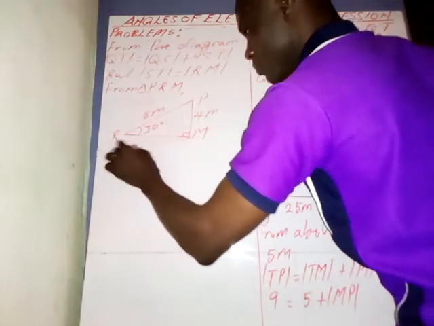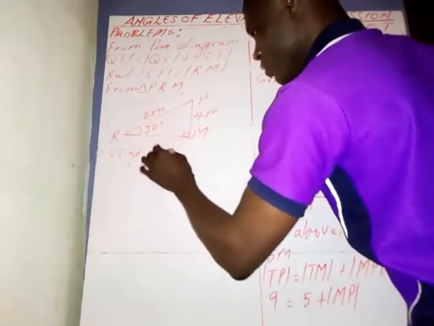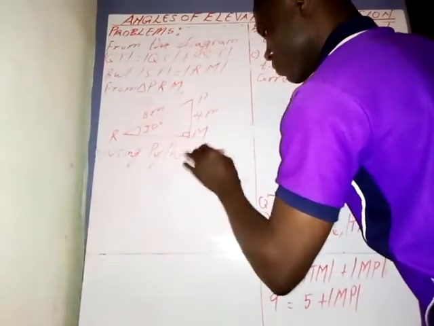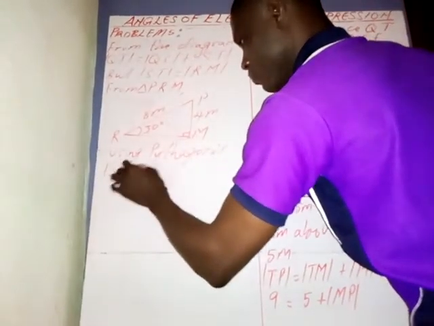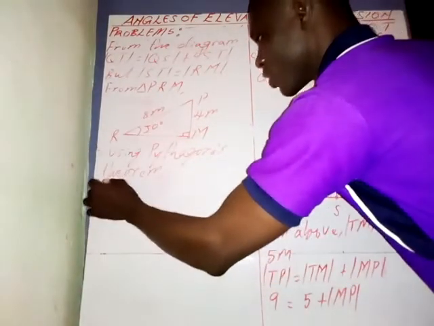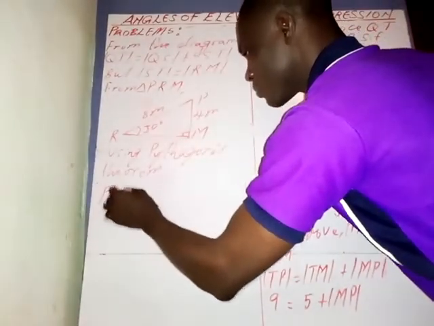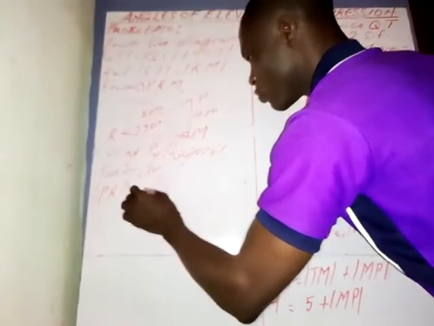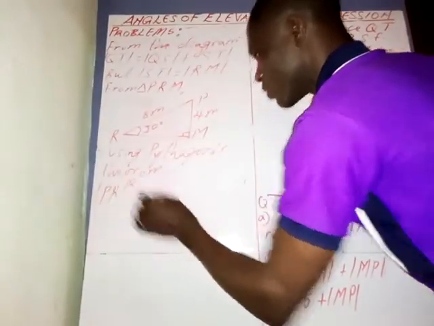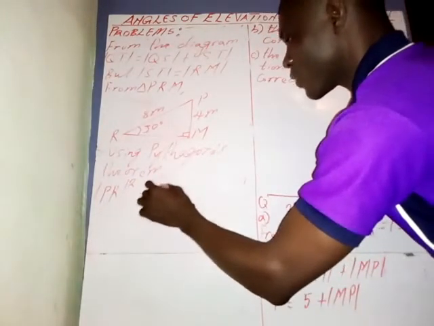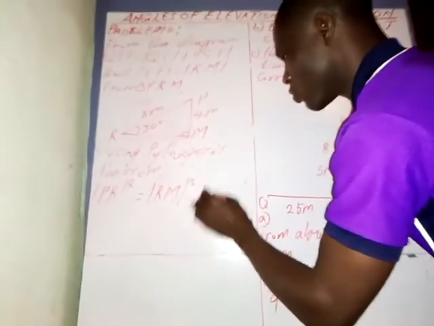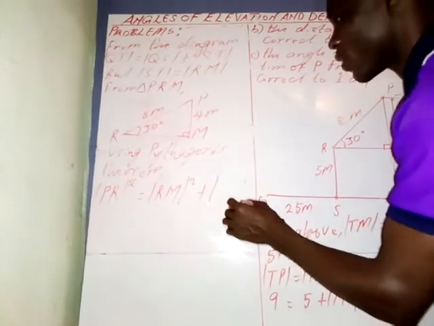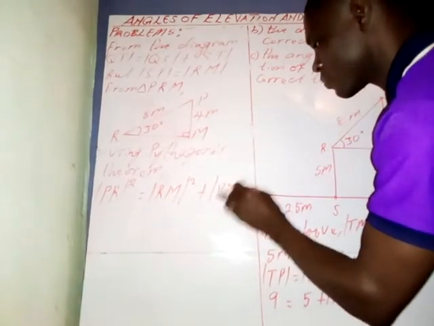So I will use Pythagoras theorem for more understanding on this question. Using Pythagoras theorem, I have PR squared equal to RM squared plus PM squared.